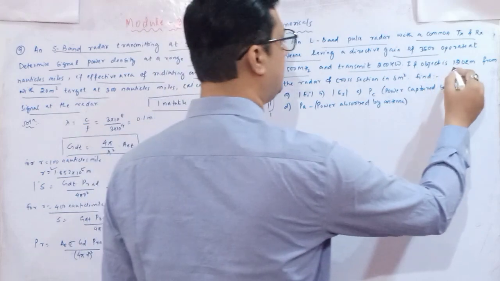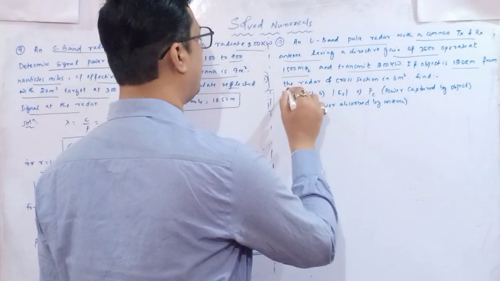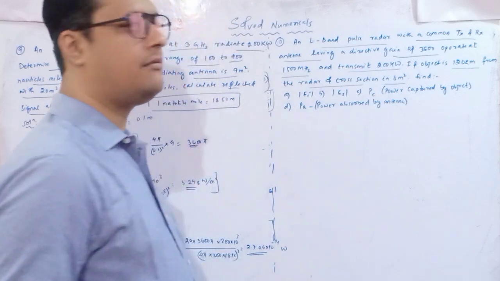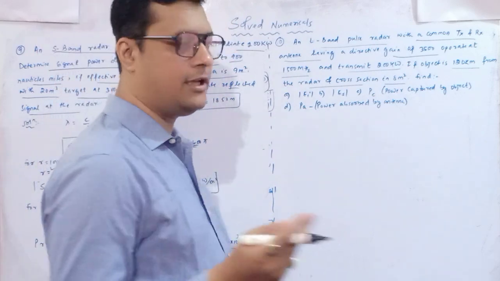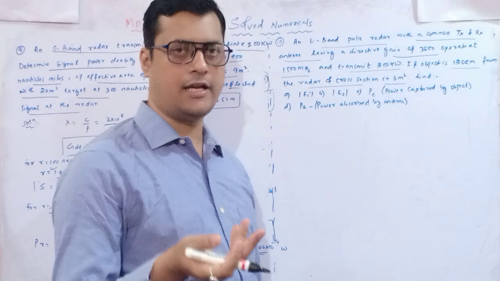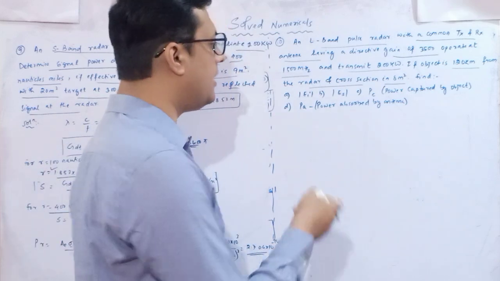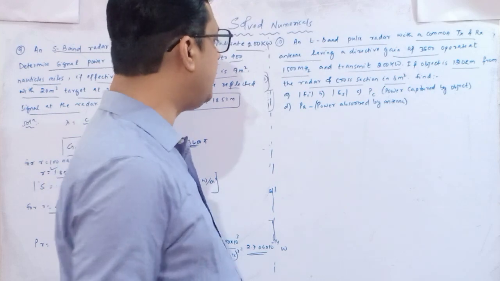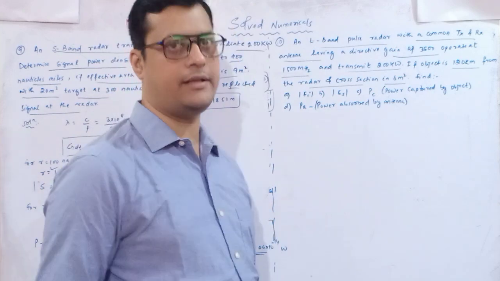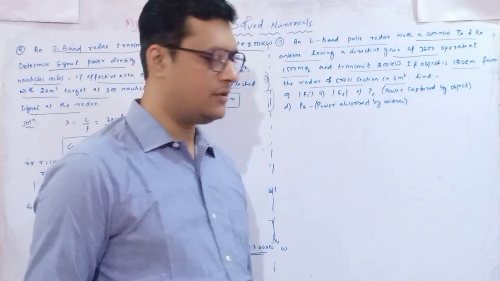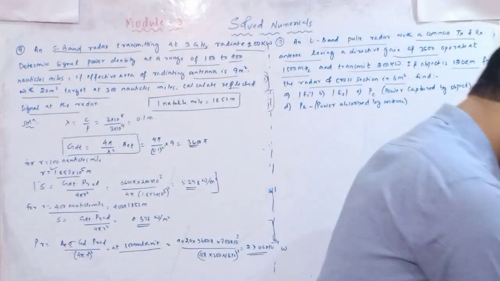If the object is 120 kilometer from the radar and the cross section is 8 meters square, then we have to determine what is our electric field strength EI, what is our ES, ES meaning the received one, what is the power captured by the object, and what is the power absorbed by the antenna. These sorts of questions may come in your exam. So how to proceed? Let's see.